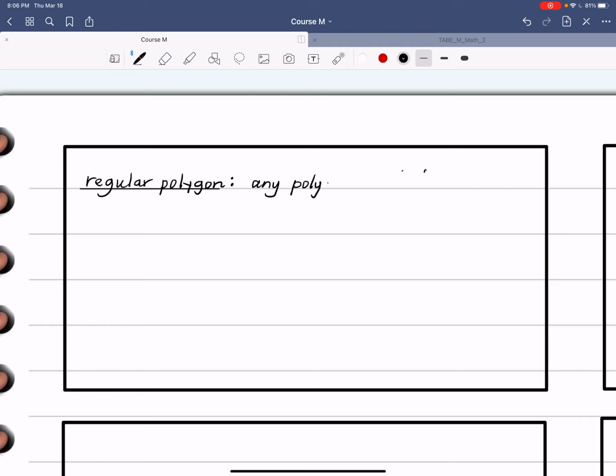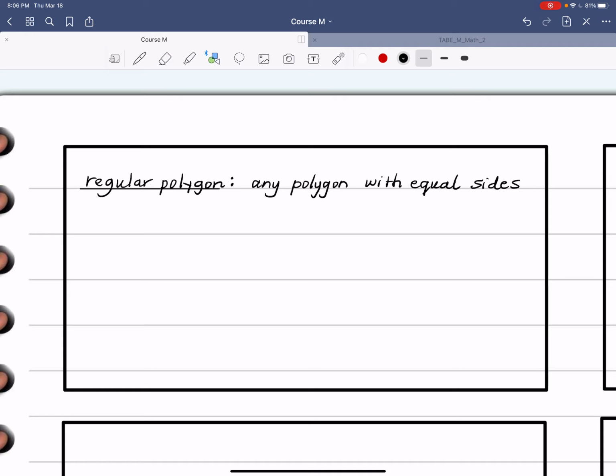Doesn't matter how many sides, but they have to be equal sides. So a square is a regular polygon. An equilateral triangle is a regular polygon. Regular just means that the sides are equal.